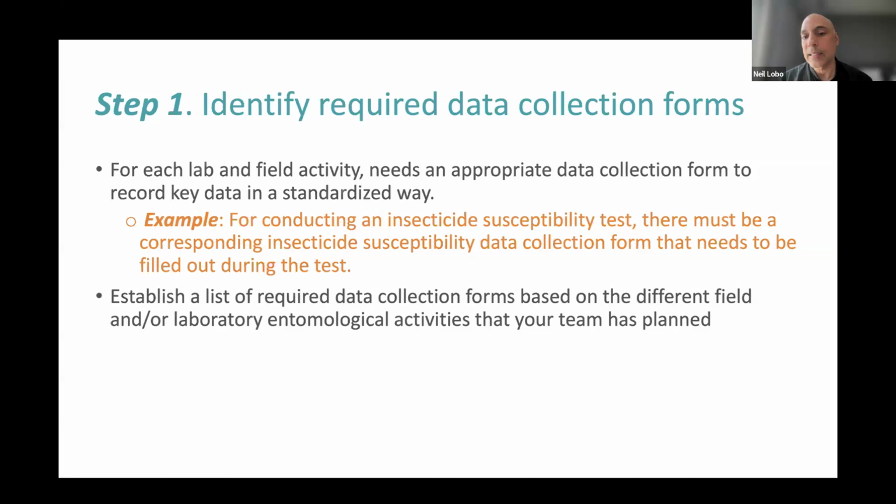If you're looking at insecticide susceptibility, there are WHO forms available. And based on your question, based on what you're doing, make a list of all the data collection forms you need based on the different field or laboratory activities that you have planned to do.